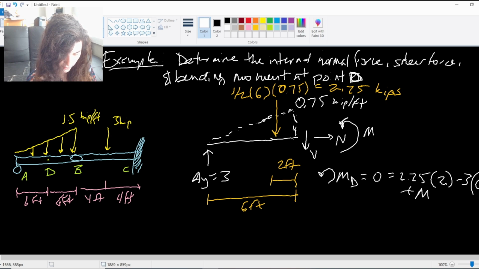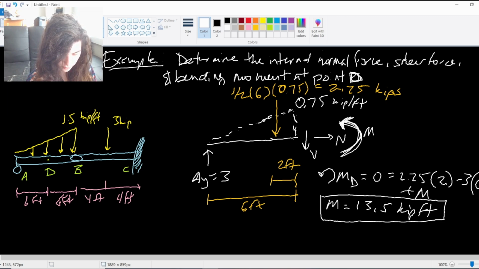Plus, don't forget the applied moment here, right? The applied moments are always included in the moment equation. So solving, that gives me my moment is 13.5 kip feet. Just plugging that into the calculator.